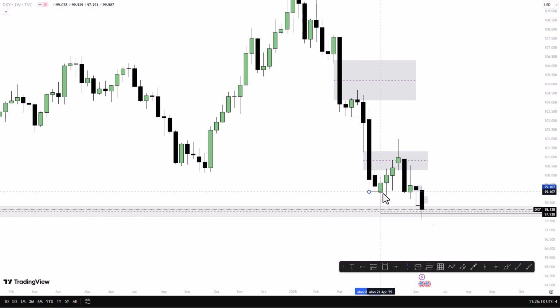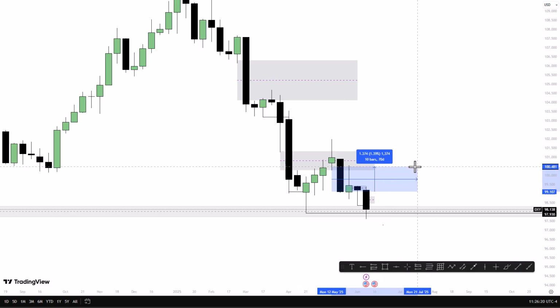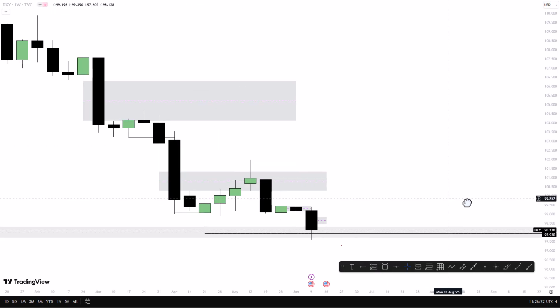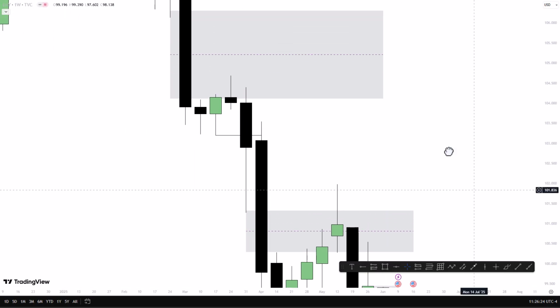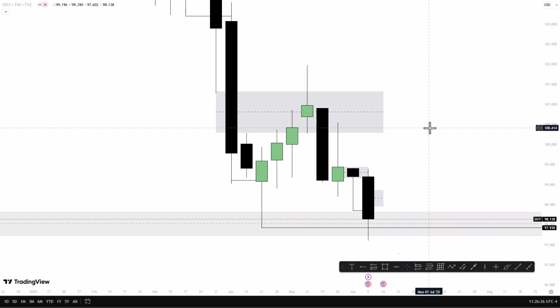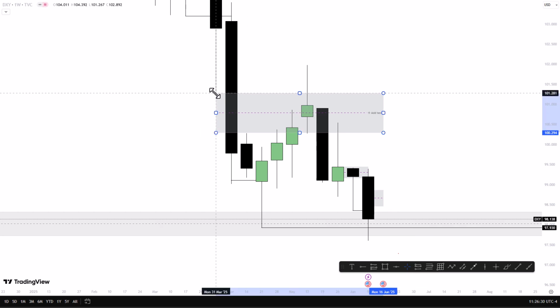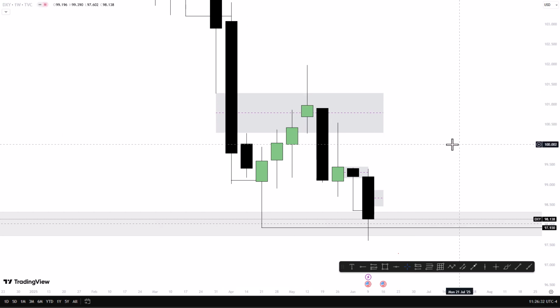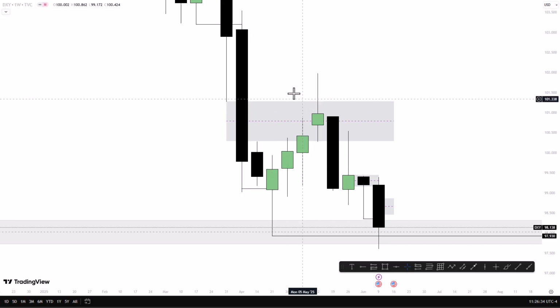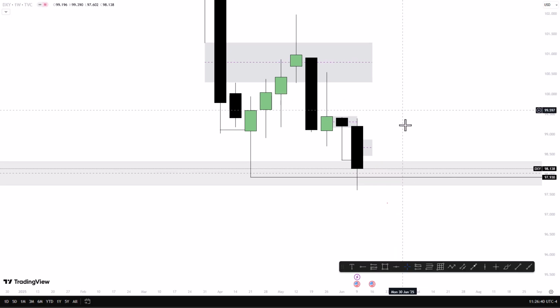But what dollar has done currently, I want us to look at something here. You see, price moved from internal to external and external to internal. What do we have, guys? We see that price came into the internal range liquidity, and then price has taken out the external range liquidity.